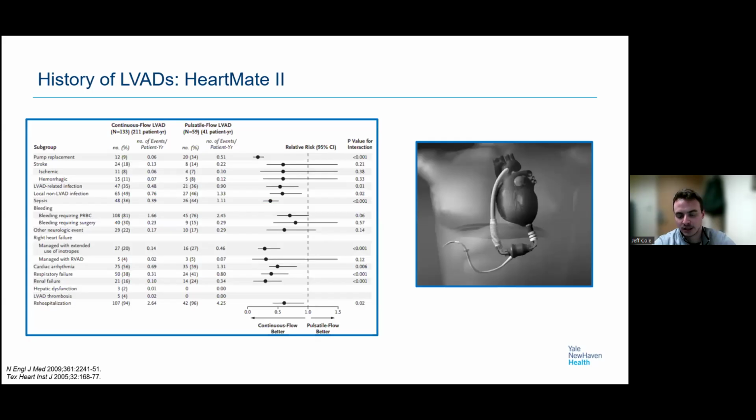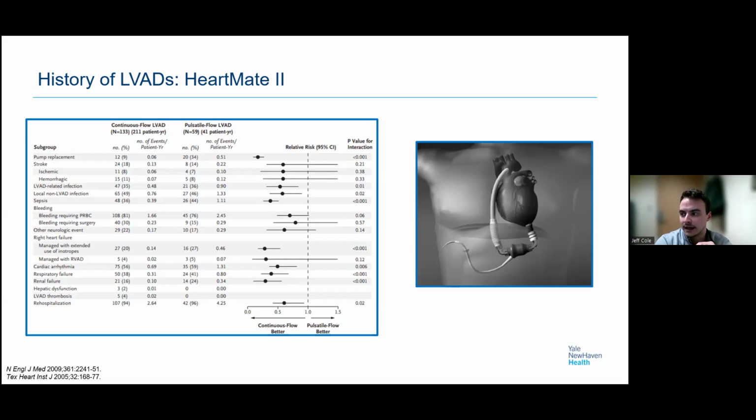Then we started to get into more durable devices with the HeartMate 2. For the main study, I have a screenshot from some of the subgroup analyses. It compared the HeartMate XVE to the HeartMate 2, and noticed that the HeartMate 2 had higher survival free from disabling stroke or need for device replacement, favoring the continuous flow of the HeartMate 2, and also fewer cardiac arrhythmia and some other adverse effects.